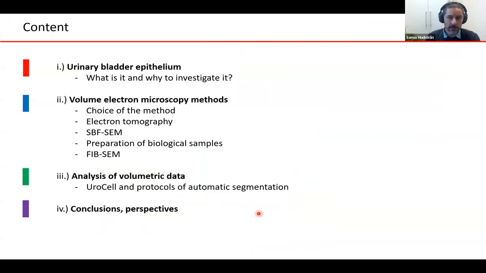In this talk, I will go over four parts. First, an introduction: what the urinary bladder and its epithelium are in more detail.